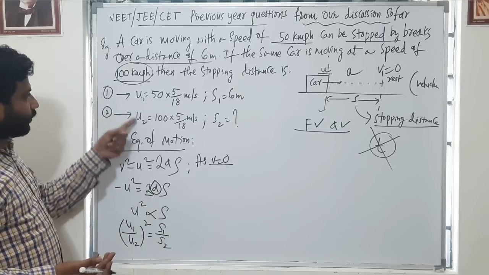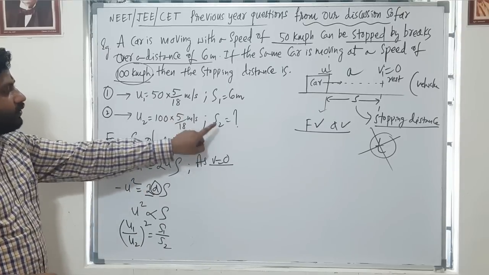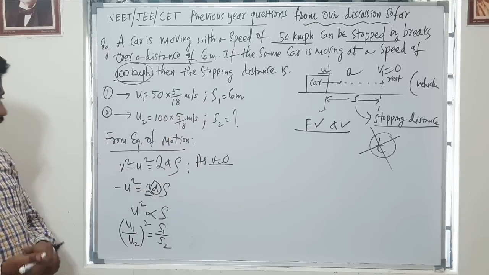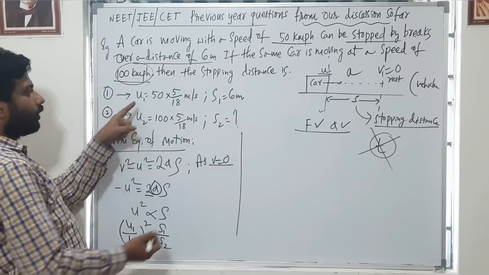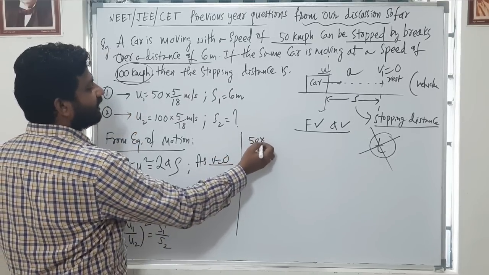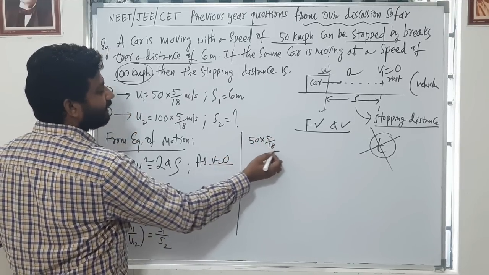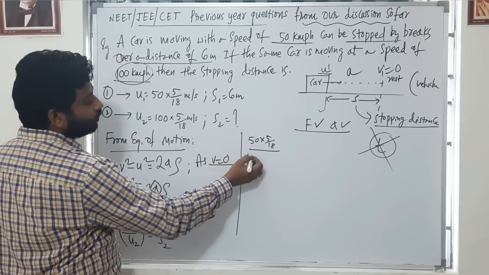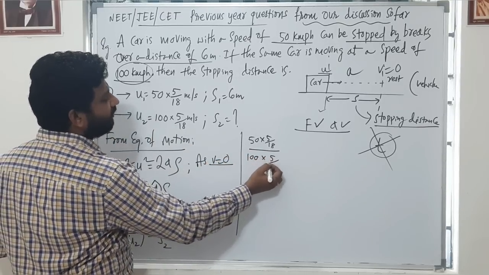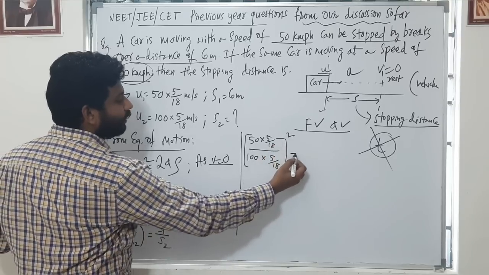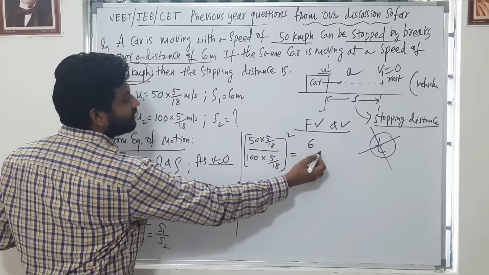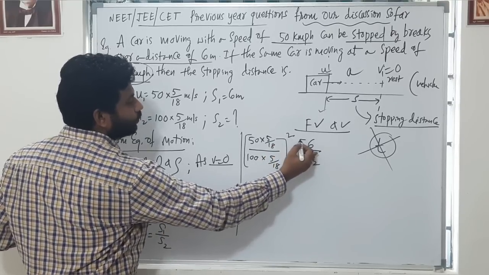You know the U1, U2 values and you know the S1 value, so it is easy to find S2. U1 by U2: U1 is 50 into 5 by 18, divided by U2, which is 100 into 5 by 18, whole square, equal to S1, which is 6, by S2.